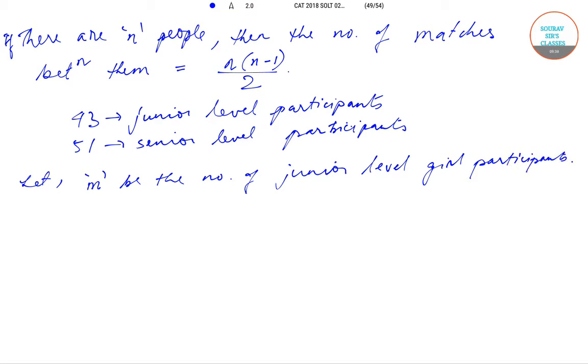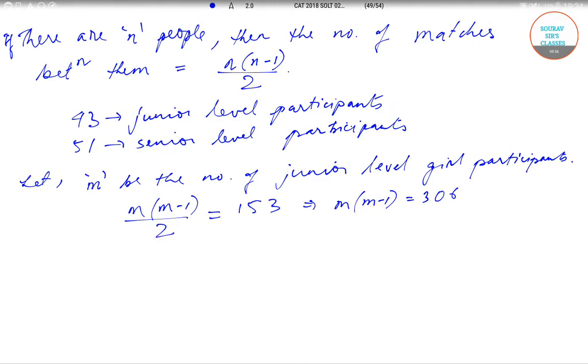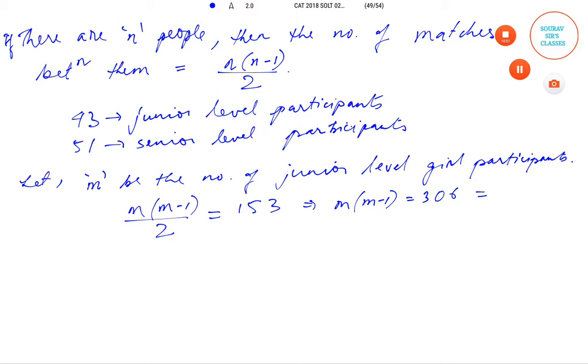Okay, and it has been said that the number of matches, basically the girl versus girl matches in the junior level, is equal to 153. So we can write that m into m minus 1 by 2 is thereby equal to 153, and this gives us that m into m minus 1 is equal to 306, which you can write as 18 into 17, and this gives us that the value of m thereby is equal to 18.